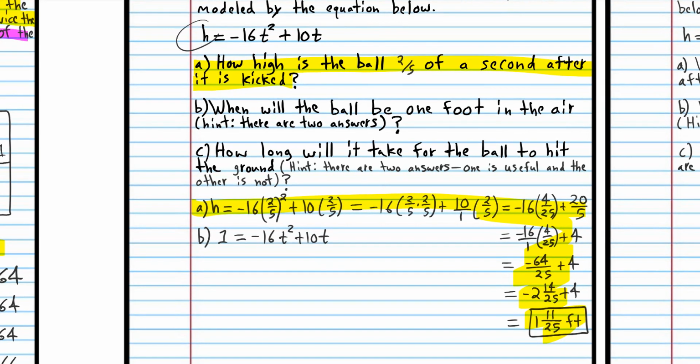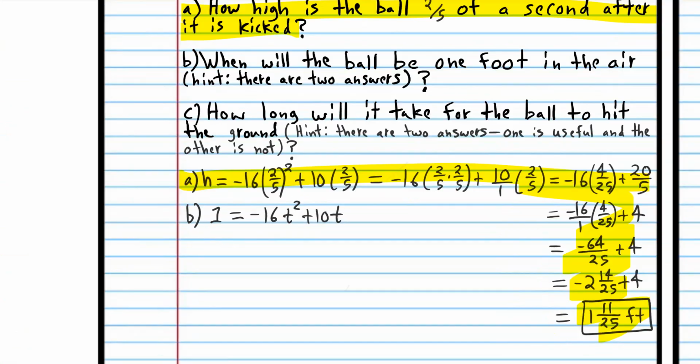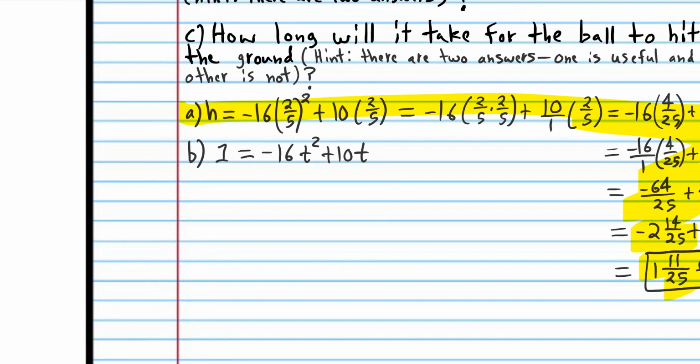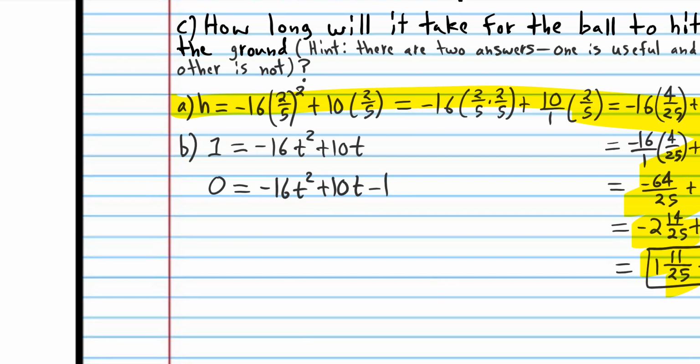So again, we're just plugging in 1 for h. And now we just have to solve that equation. But this equation is not going to be, well, we'll see what happens. So it's a quadratic because we have t squared and t. So we have to use special methods, but we have to put it in standard form first. So we're going to subtract 1 from both sides. We're going to get everything on the right side of the equation. So this becomes 0, and we have -1 over here.